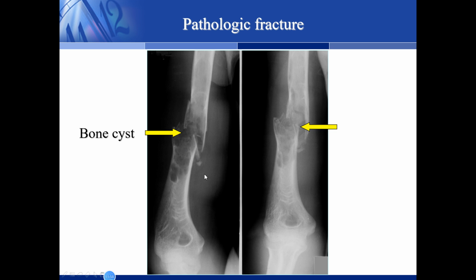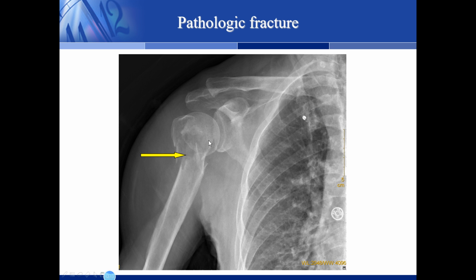Then he or she will take the X-ray examination, and then the bone cyst may be found. So this is the pathologic fracture. Here is a pathologic fracture, and we could see that in this part of the bone, the density is decreased. So we know that this is the diseased bone, and then the fracture happened. So we call it pathologic fracture.